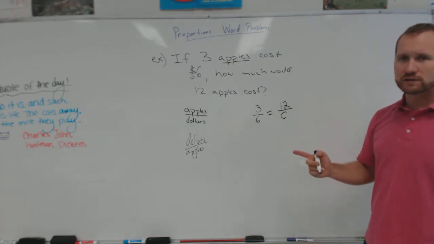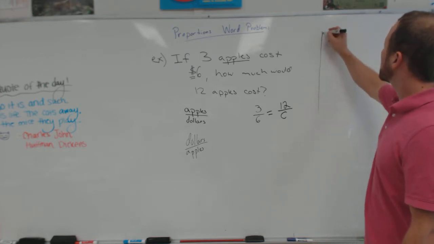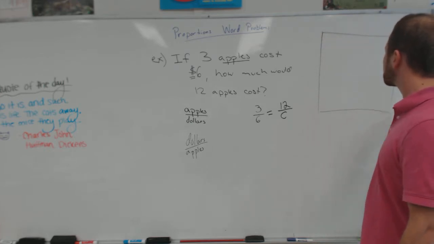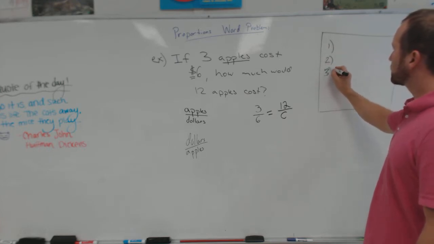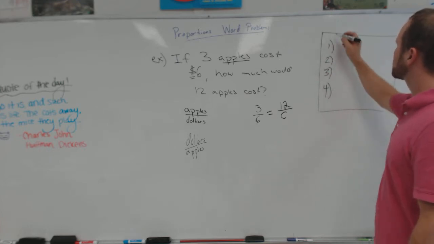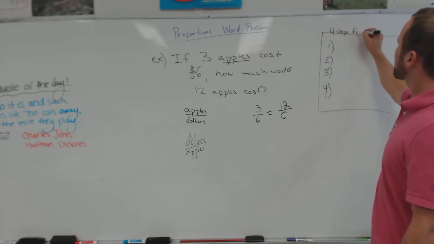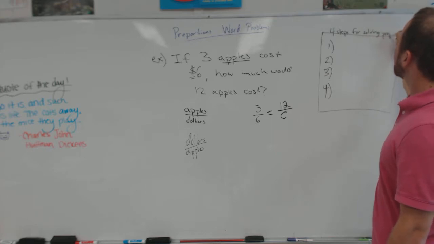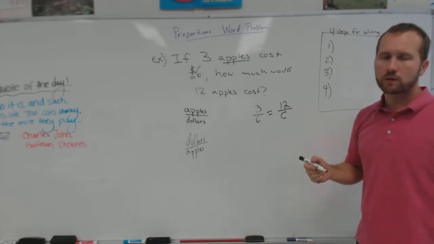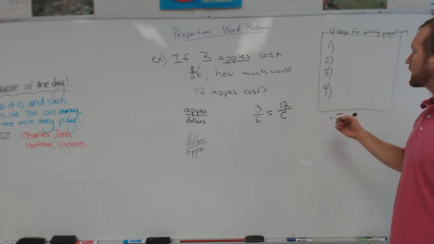Okay, first step. So I'm going to just remind you guys, I want you to put this in your notes, because some people skipped a couple steps here. So we have basically 4 steps for solving proportions. And I'm not saying this is the only way to solve a proportion, but I wouldn't leave out any of these steps.